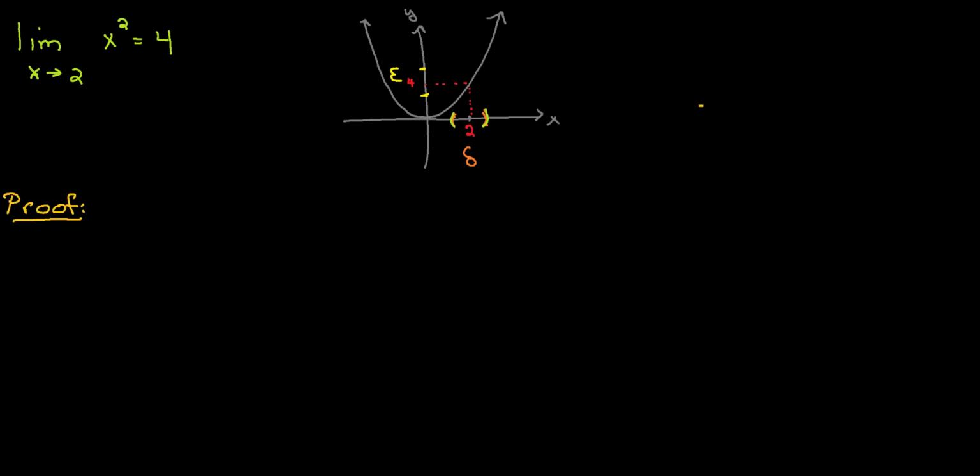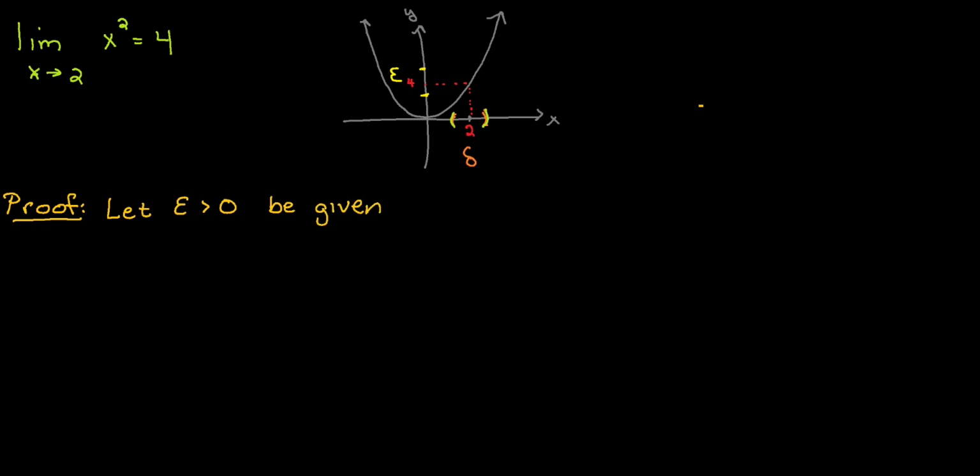So to start our proof, we will start all of these proofs in the exact same way. There's not any room for creativity in the beginning of the proof, but we will get creative later on. So our proofs will start off as follows. Let epsilon greater than 0 be given.